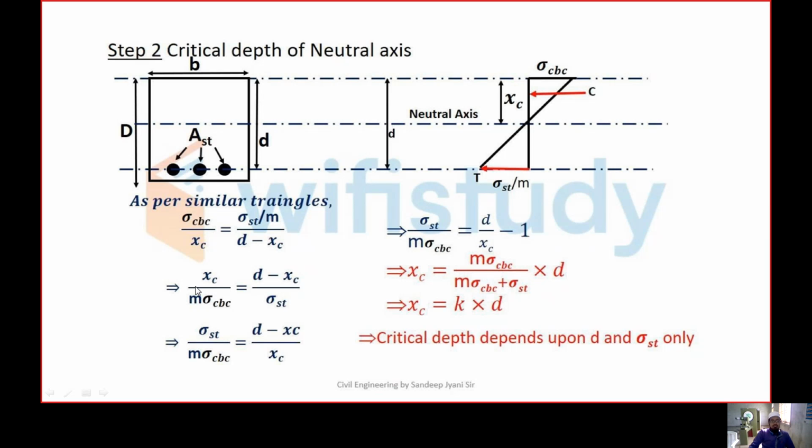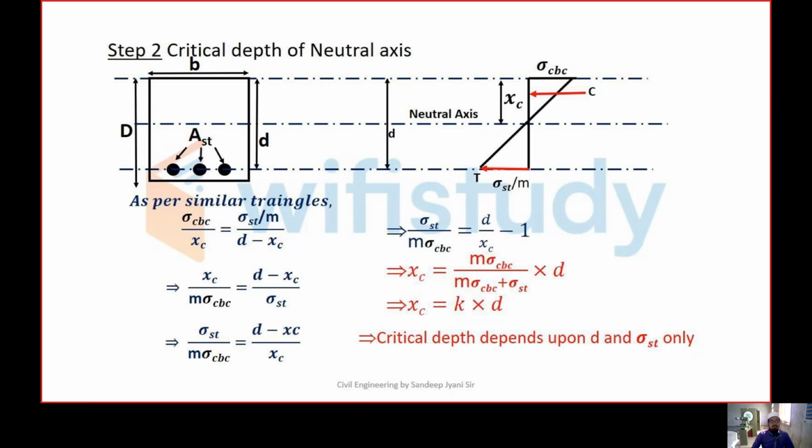If you send the xc to the right side, it will go in the numerator, and the sigma cbc will go in the denominator, and this m will be multiplied to this denominator, and the remaining sigma st will go into the denominator, and this d minus xc, when cross multiplied, will go into the numerator. So that's how this equation comes: xc by m sigma cbc is equal to d minus xc by sigma st. So from that equation, sigma st by m sigma cbc is equal to d minus xc by xc.